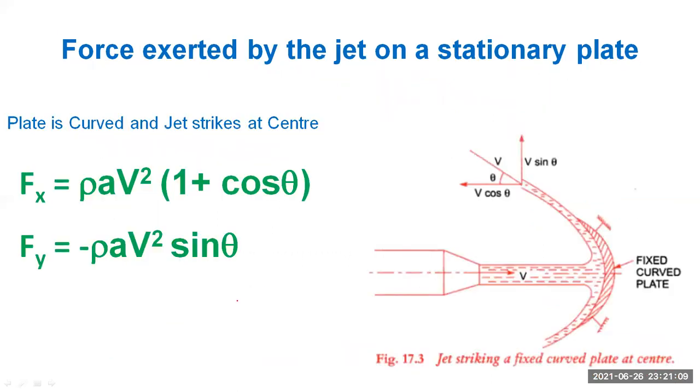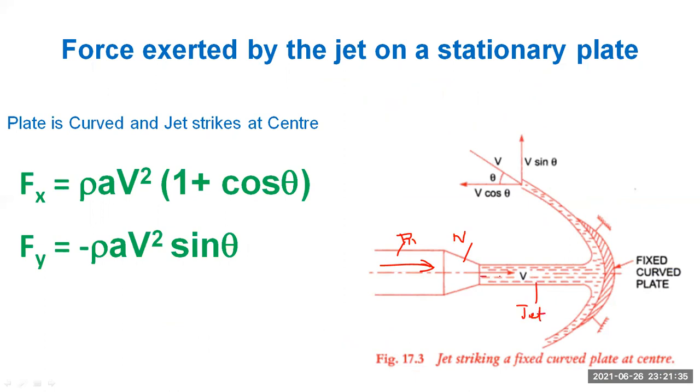So the first case you have is a stationary plate. Here we have considered a stationary curved plate. As you see here, the jet of water is coming out through the nozzle. This part is a pipe, and this is a nozzle, and this is a jet of water.